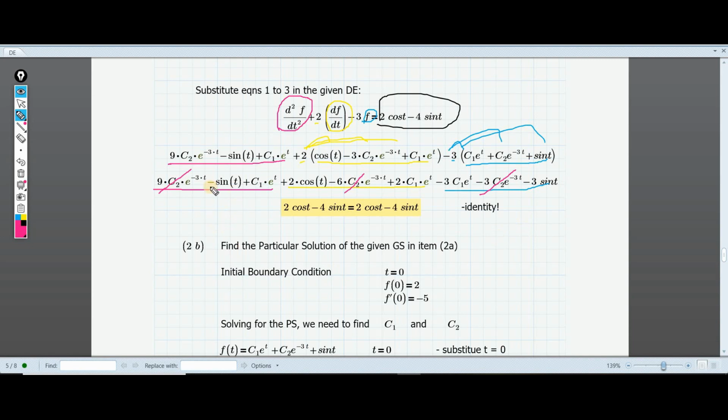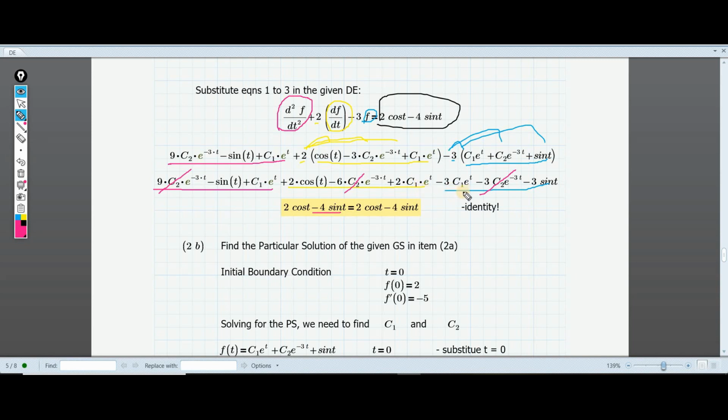Next, sin t. Meron pa bang sin t dyan? Negative sin t. Tapos, meron ditong negative 3 sin t. So, we will have negative 4 sin t. Okay, so lumabas na. Ito siya sa baba. Next, e to the t. C sub 1 e to the t. Hanapin natin. E to the t. This one.